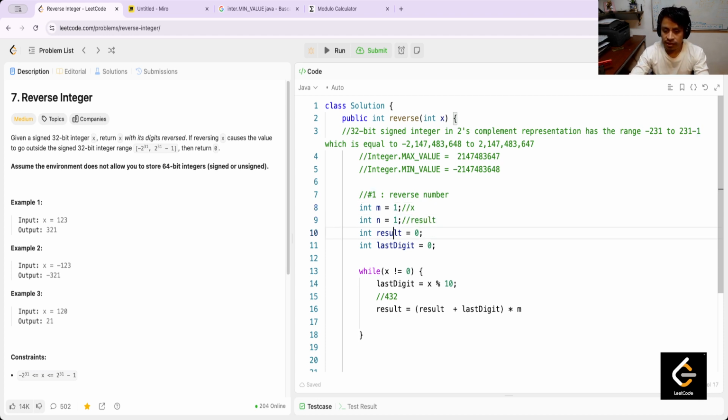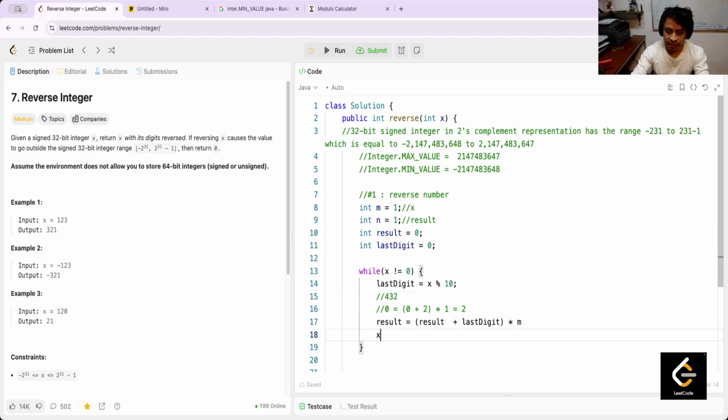In this case, for example, result is 0, it's equal to 0 plus last digit that is 2, in this case 2 multiplied by 1, equal to 2. Okay, now result has the 2.